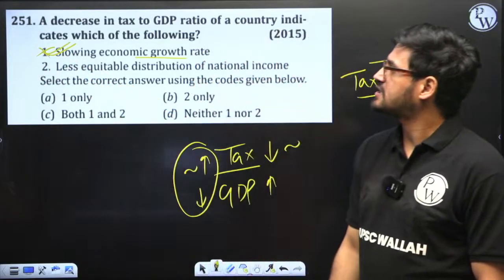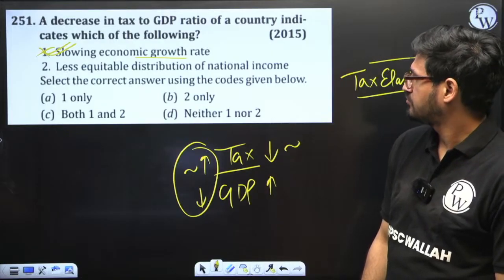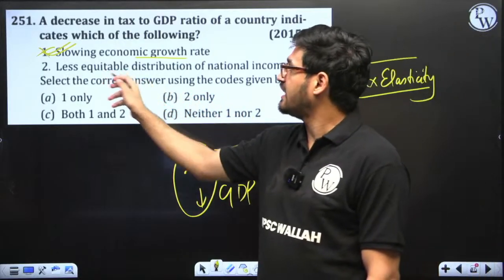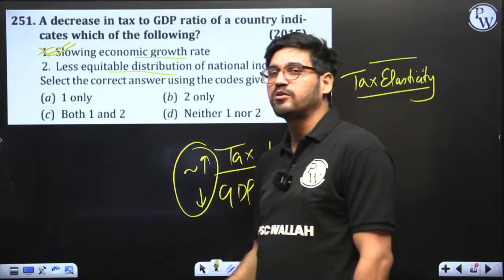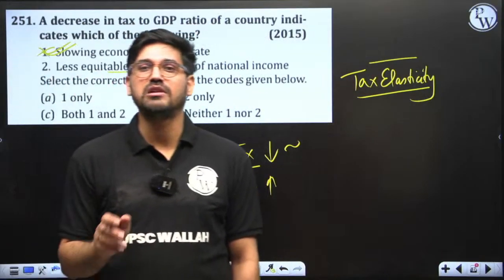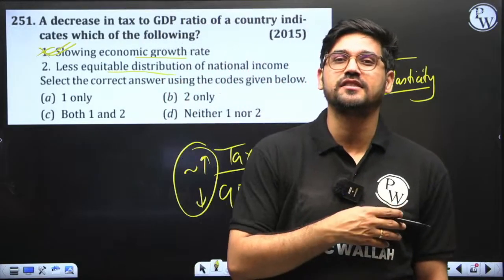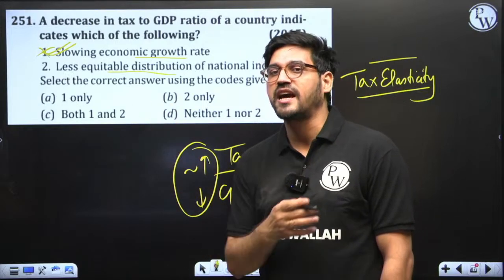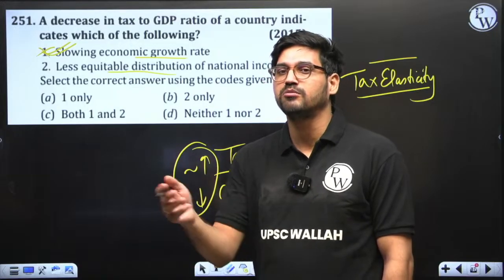The second one says less equitable distribution of national income. Now, is it going to be a less equitable distribution of national income? Here you have to consider when you say tax to GDP, tax does not mean only the direct tax. Tax also means indirect taxes, and indirect taxes are paid by everyone. So does the total or aggregate amount of taxes collected also automatically tell you who gave you the most amount of taxes?